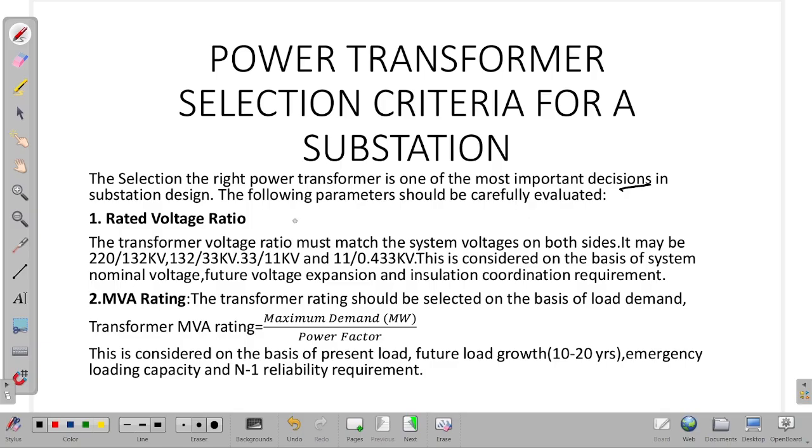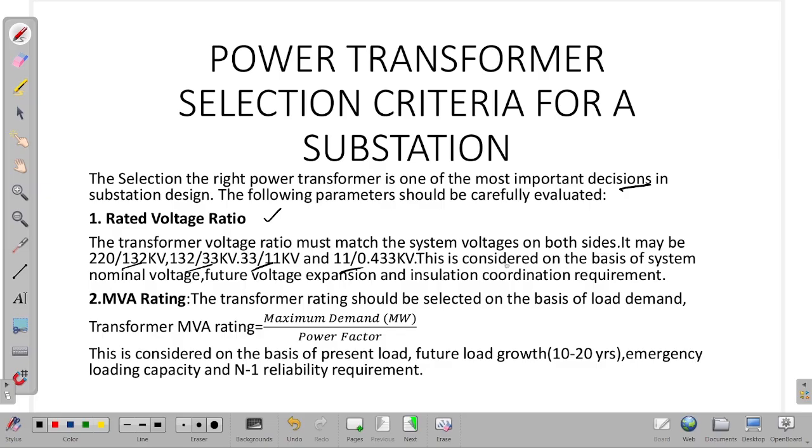One of those parameters is rated voltage ratio. The transformer voltage ratio must match the system voltage on both sides. It may be 220 by 132 kV, or 132 by 33 kV, or 33 by 11 kV, or 11 by 0.433 kV.